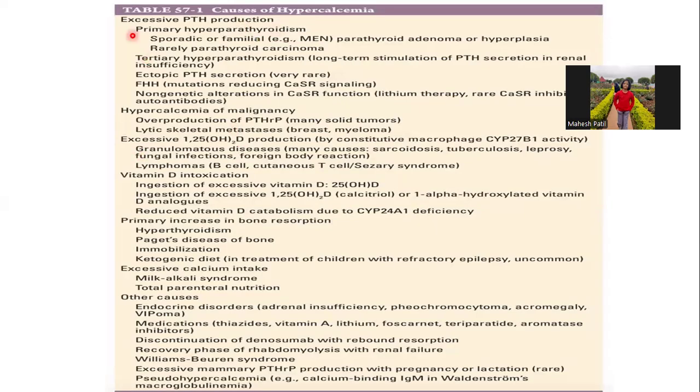Excessive parathyroid hormone production is due to primary hyperparathyroidism, some malignancies, multiple endocrine neoplasia syndromes where there will be hyperparathyroidism, tertiary hyperparathyroidism in renal insufficiency, ectopic parathyroid secretion, and mutations causing familial hypocalciuric hypercalcemia.